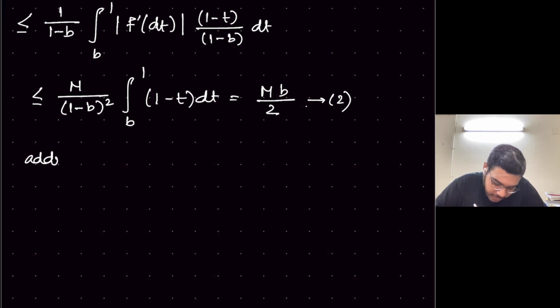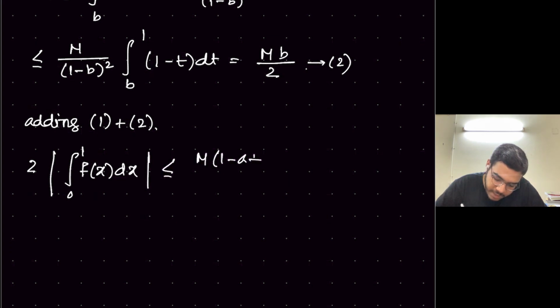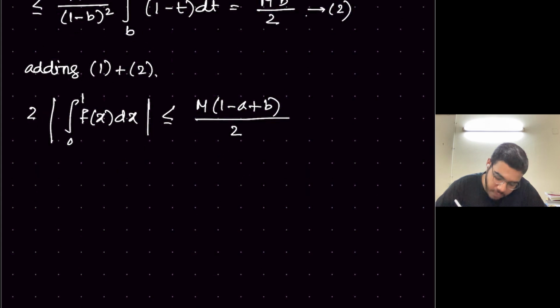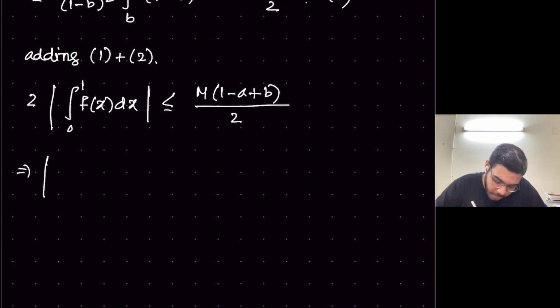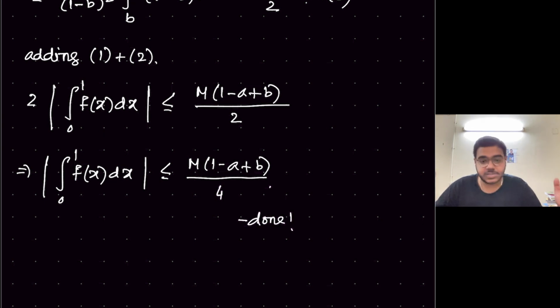So adding 1 plus 2 we get that twice mod of integral 0 to 1 f(x) dx is less than or equal to m times (1 minus a plus b) by 2. So we have that mod of integral over 0 to 1 f(x) dx is less than or equal to m times (1 minus a plus b) by 4. And we are done. Congrats, we are done.